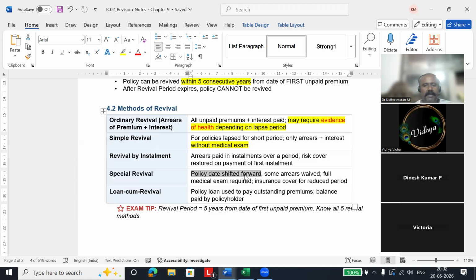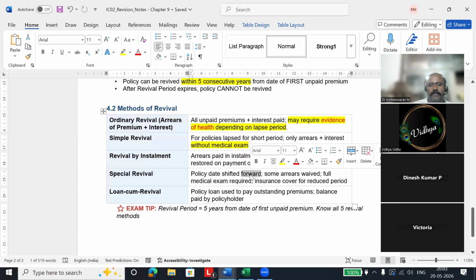We can make a fresh start. Let the 2021 policy be treated as gone. We'll start the policy with the new date 2026. But from this we won't keep 20 years. We'll keep the same period, 14 years, till 2040 you need to pay. So this is called special revival. So the policy date will be shifted forward.